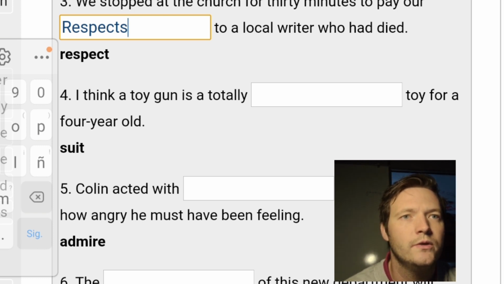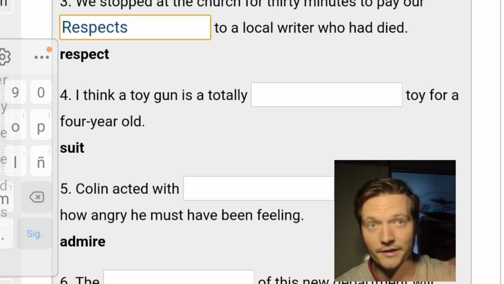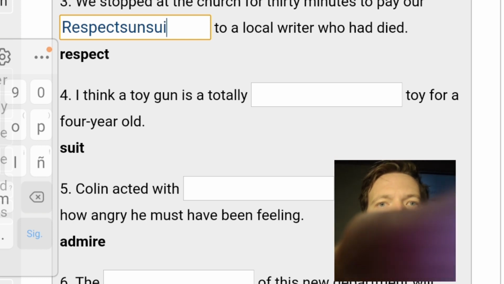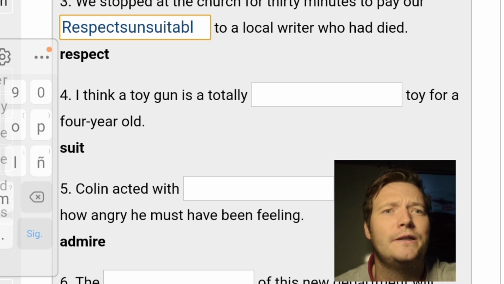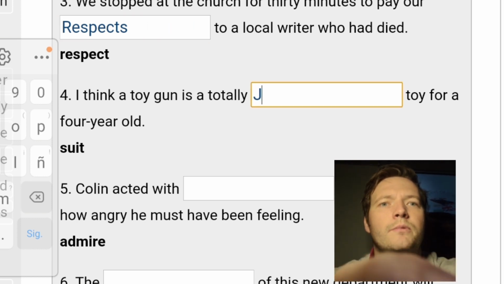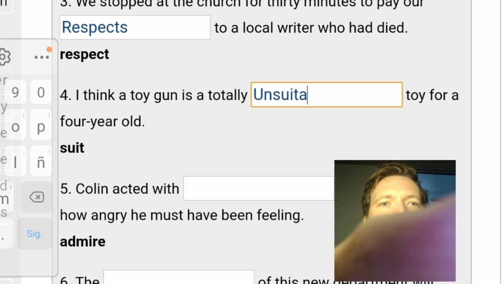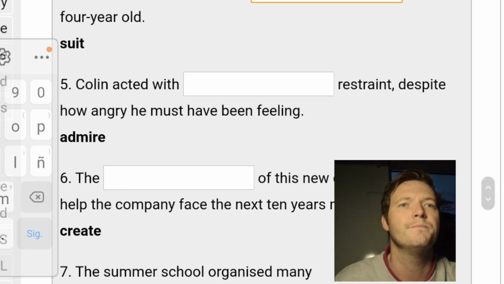Okay, I think a toy gun is a totally unsuitable toy for a 4-year-old. I'm guessing that the person thinks it is totally unsuitable. Oh, for goodness sake, I'm rating it in the wrong place again. Unsuitable. Yes, it's not appropriate. It's an unsuitable toy for a 4-year-old.